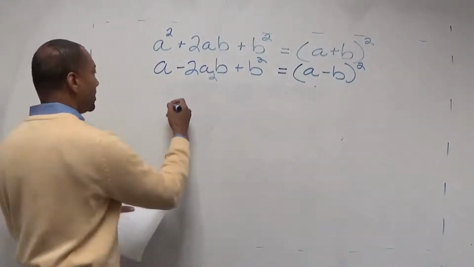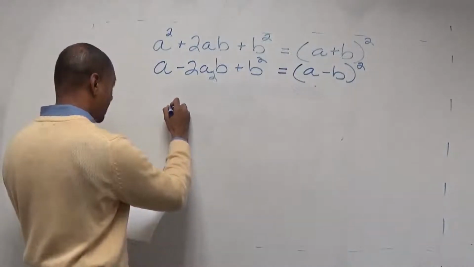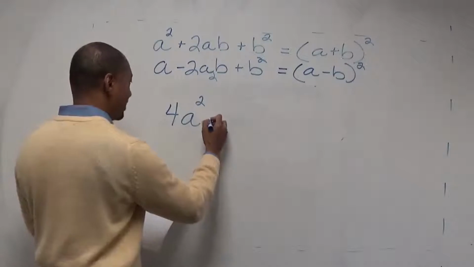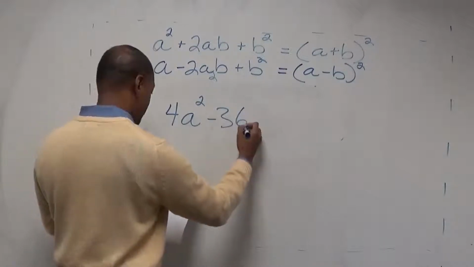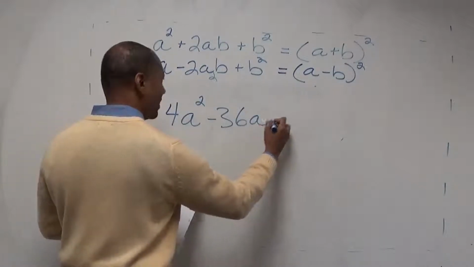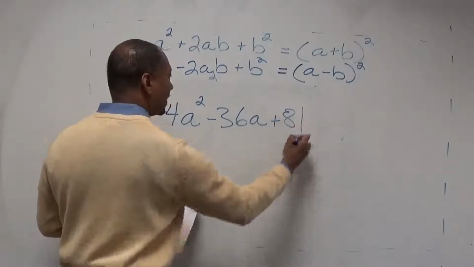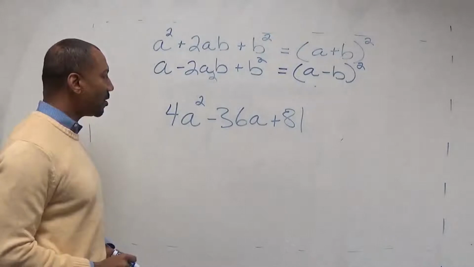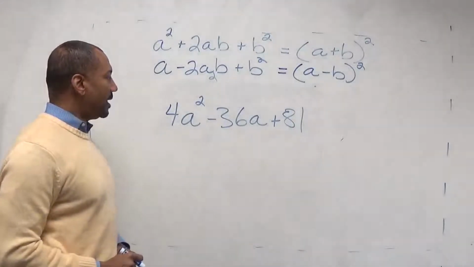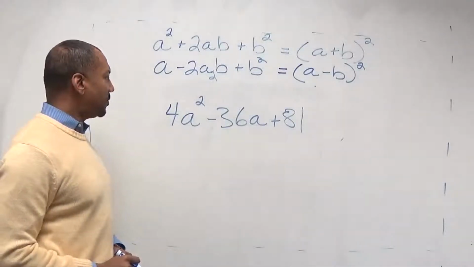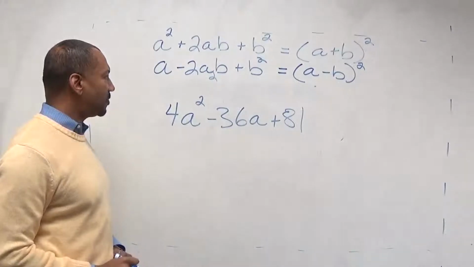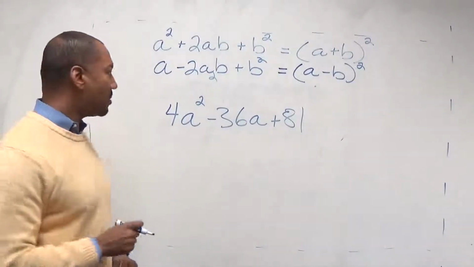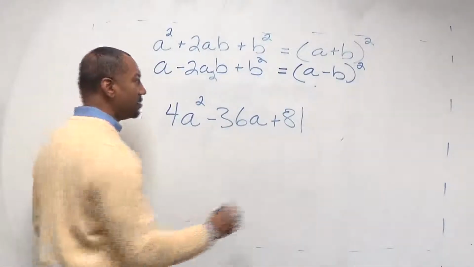All right, here's another one: 4a squared minus 36a plus 81. Okay, so let me go ahead and say to you that you may have been tempted to use product sum with this particular problem.